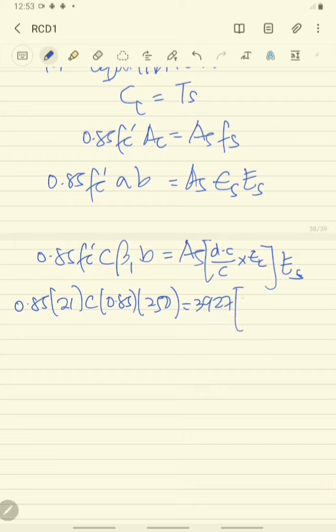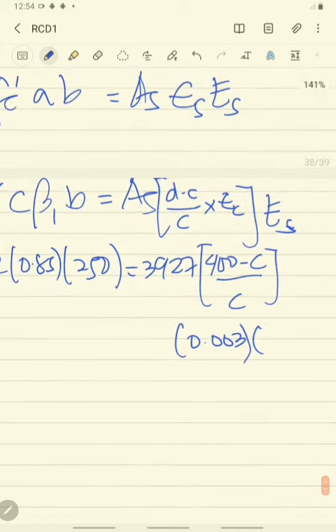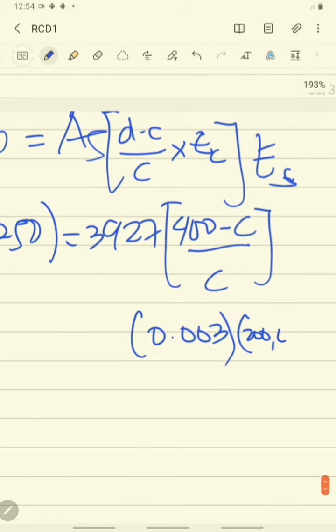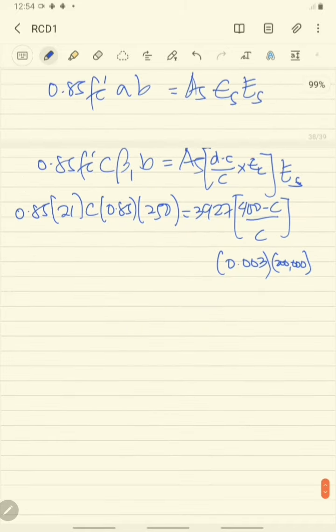Then d is 400 minus c over c, times 0.003 times 200,000 for the modulus of elasticity of our steel.